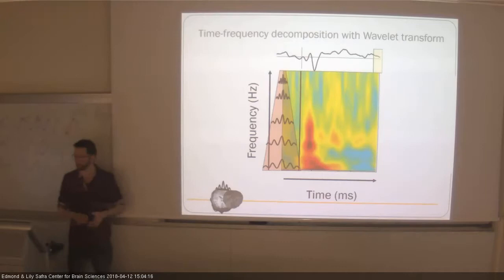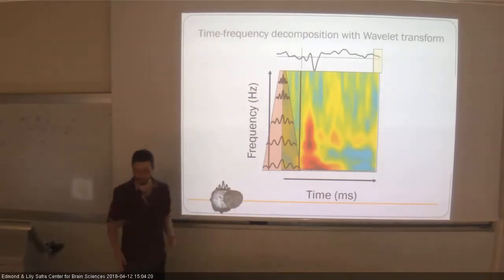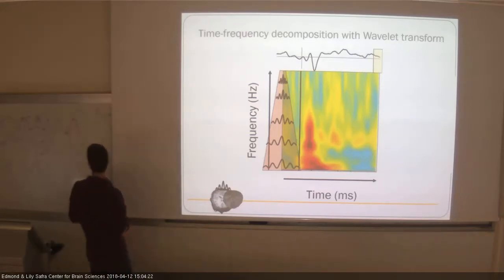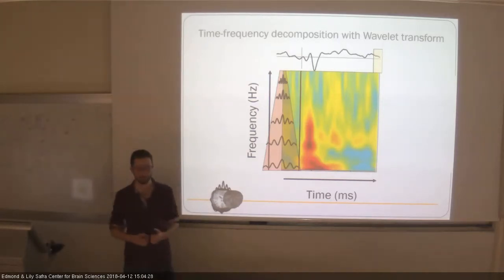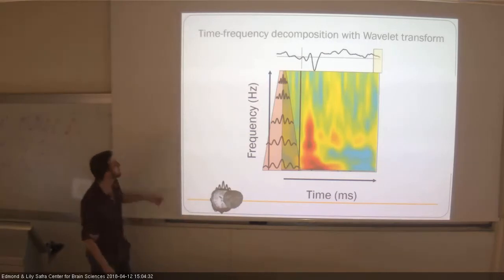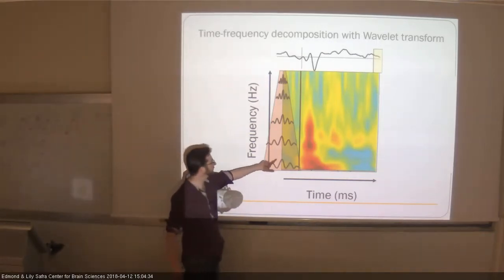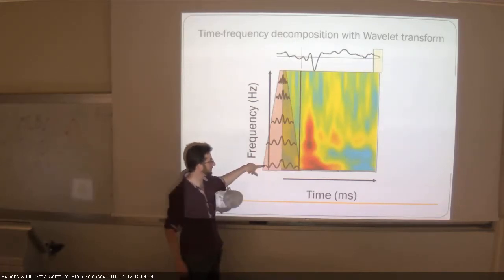I think every EEG study uses the same function. It's called a Morlet wavelet. Basically, all it is is a sine function multiplied by a Gaussian. So it's just this shape. Okay, so we have the sine wave and the Gaussian.